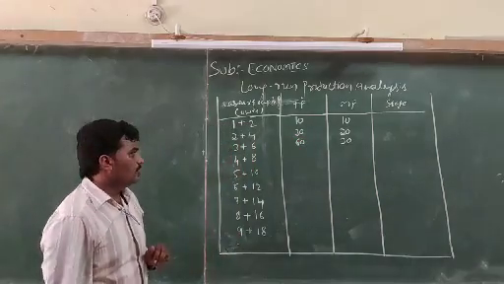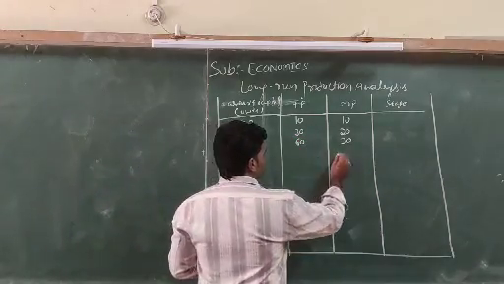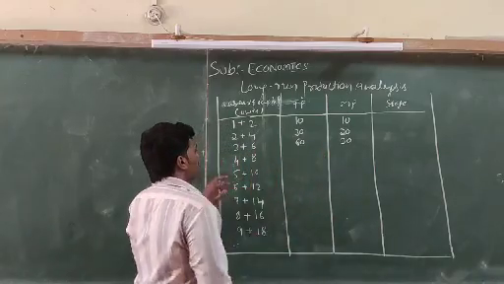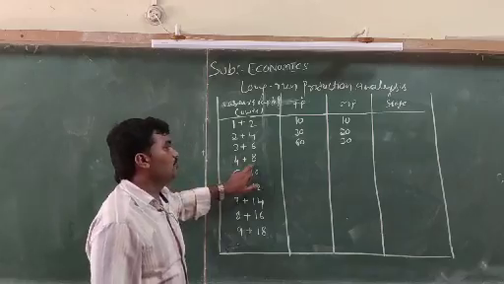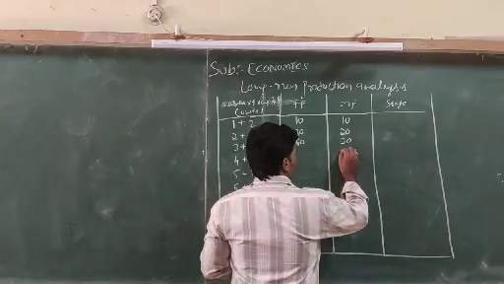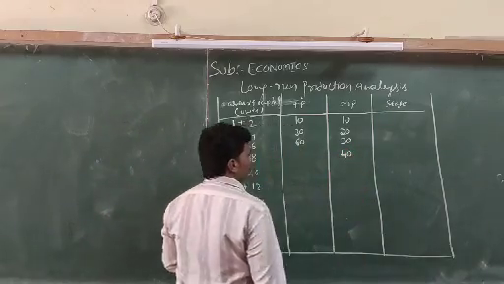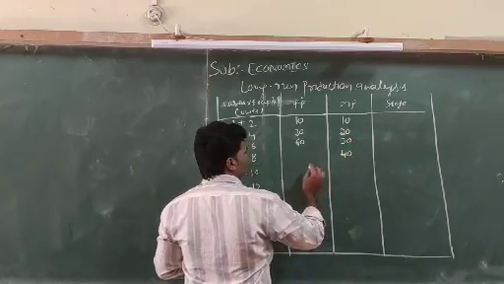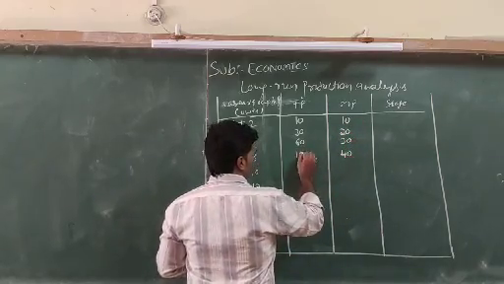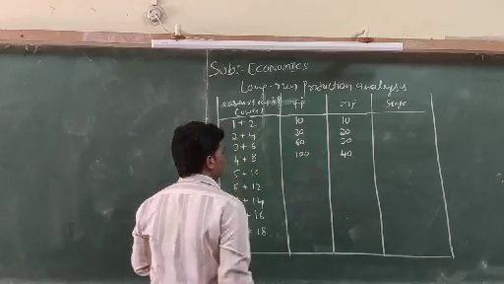Then in the fourth combination, with 4 units of labor and 8 units of capital, the marginal product increases to 40. The total product is 60 plus 40, that is 100.